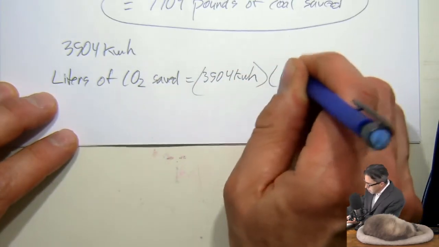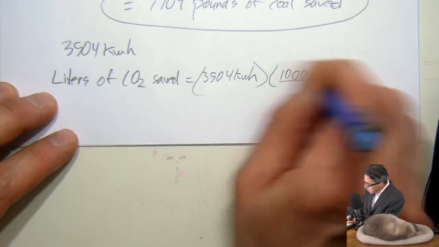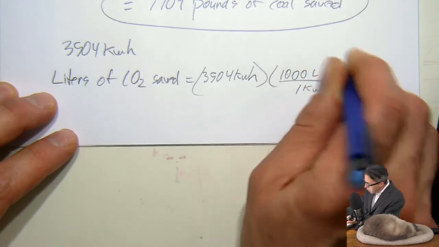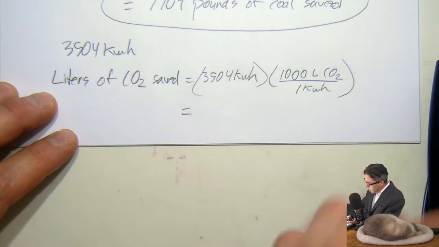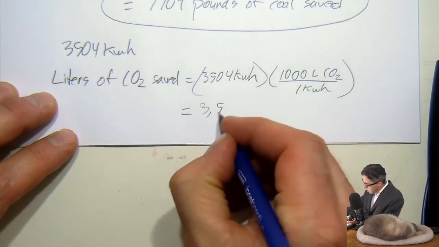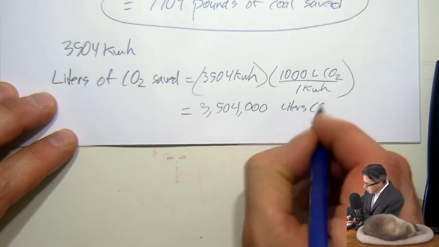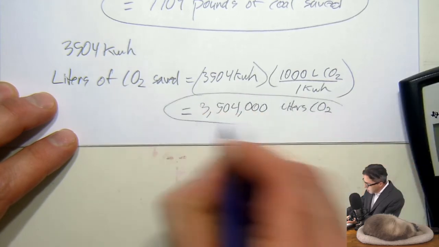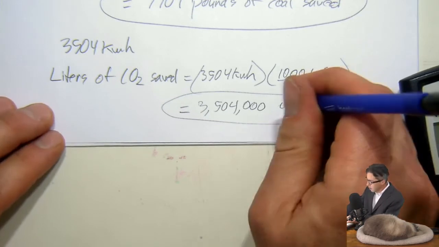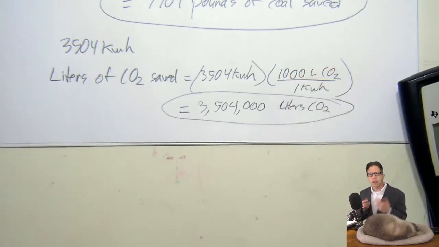It's 1,000 liters of CO2 for every 1 kilowatt hour that I burn. So I get the number 3,504,000 liters of CO2 that are saved or prevented from going into the atmosphere. So we can do calculations like this. It's the same math that we've seen before.